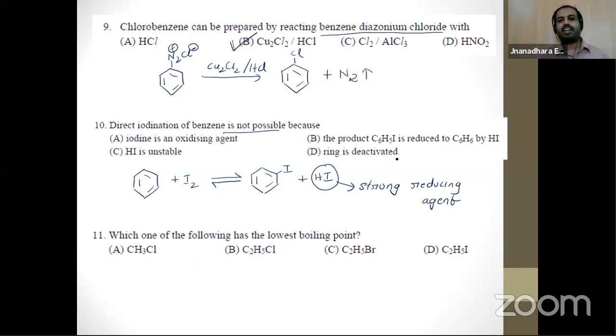That's the reason why the reaction becomes reversible. So the correct option here would be option B. The product iodobenzene formed is reduced to benzene by HI because HI is a very strong reducing agent. It reduces C6H5I to C6H6.